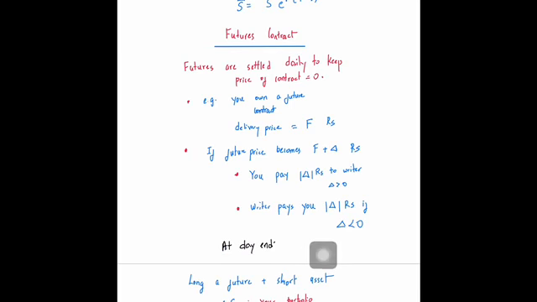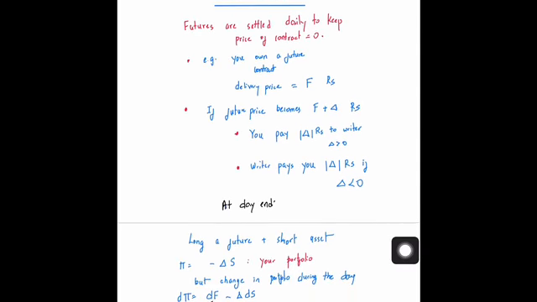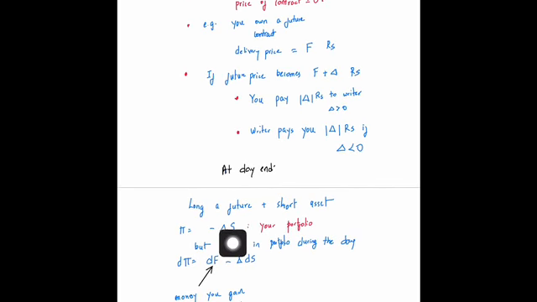Now if that is the case, how do we price this asset? Again, we construct a portfolio: long the future plus short the asset.